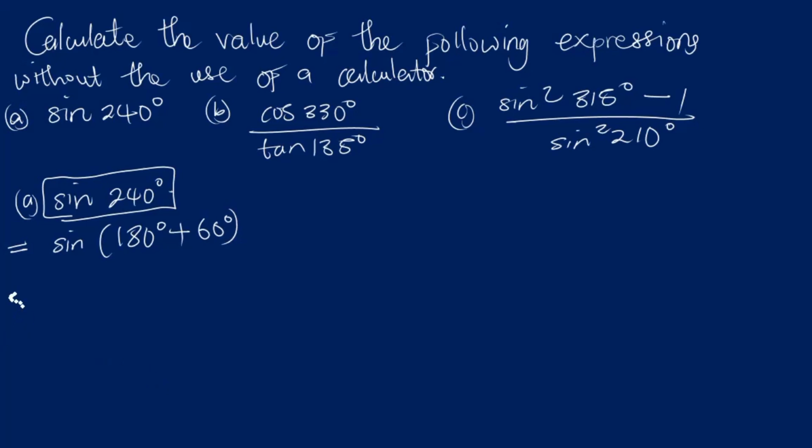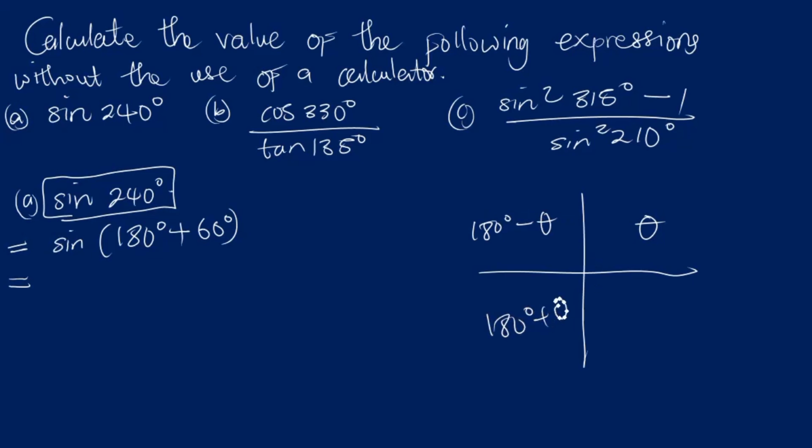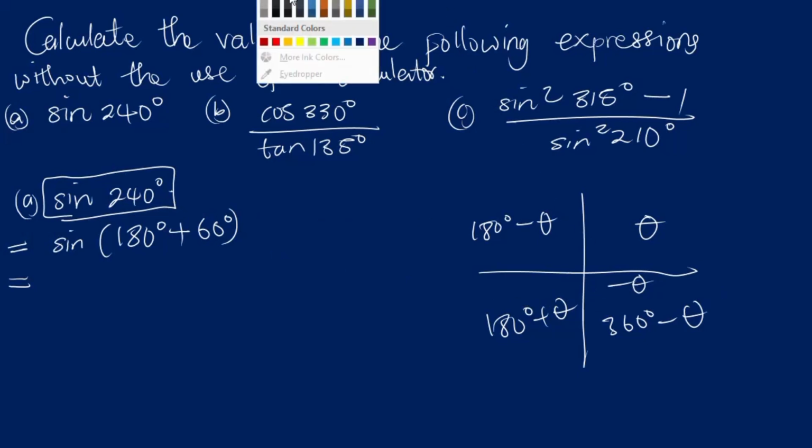We are reducing this now, and for that we need a Cartesian plane. This is theta. This is 180 degrees minus theta. This is 180 degrees plus theta. This is 360 degrees minus theta, or just minus theta. And then we write our CAST there.